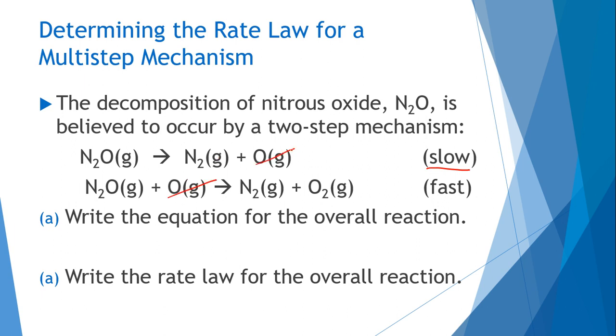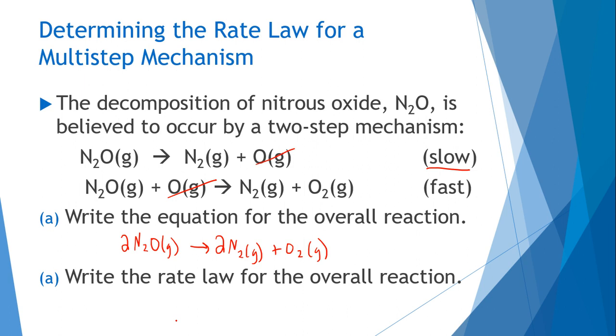Here we have oxygen, which is the same on both sides, and that seems to be it. Next, we're going to write the overall one by combining what we have left. So N2O, we have 2 of them on the same side. Here we have 2 nitrogens on the same side, plus my oxygen O2 gas.